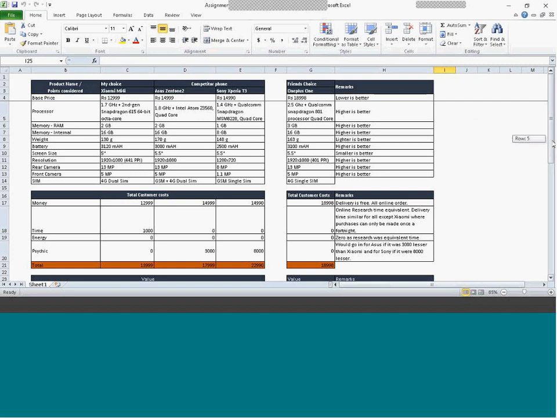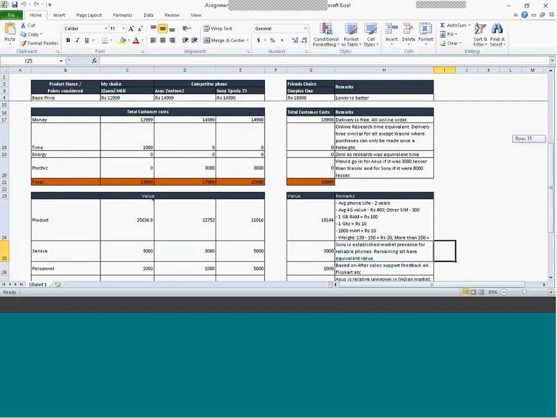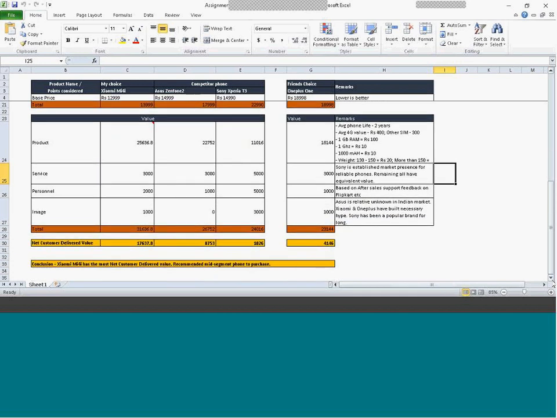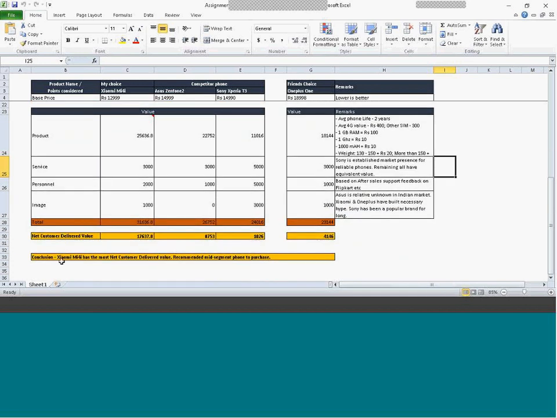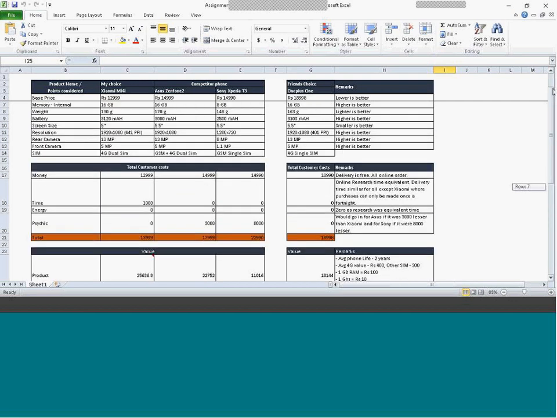You put those factors, the total costs, the total value, the customer delivered value, and a view of which one you will buy because it has the best net customer delivered value. I also want to see these explanations at the end as to why you gave those values. It will be different from person to person and from product to product, so you don't need to worry about that.